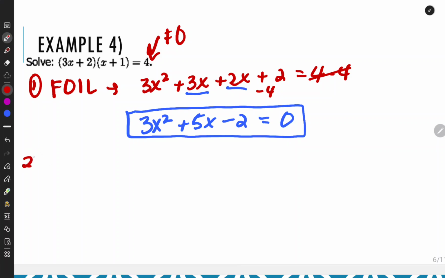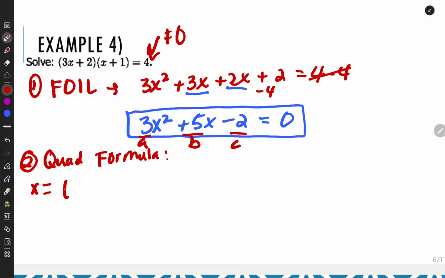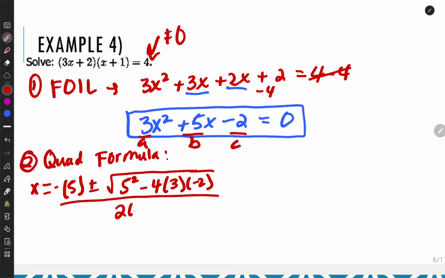So now we're going to use the quadratic formula. So using the quadratic formula, remember this is our A, this is our B, this is our C. Okay? So we have x equals negative b plus or minus the square root of b squared minus 4ac divided by 2a.